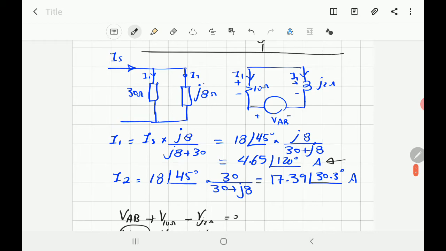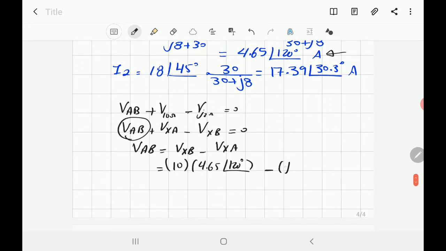It's I2 times J2, and I2 is equal to 17.39 on angle 30.3 degree. And you solve this equation, you will find the value of VAB. I did it in my humble calculator, 11.72 angle minus 61 degree volt.